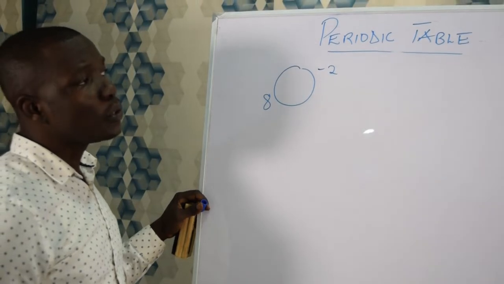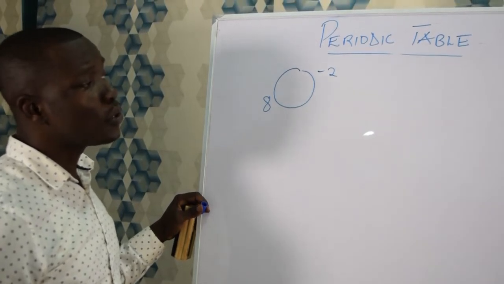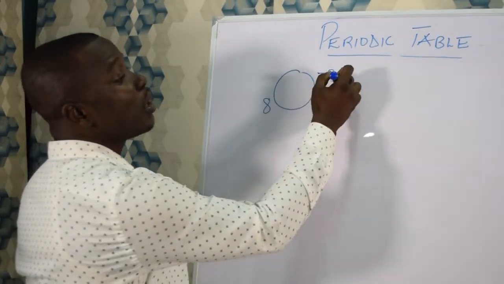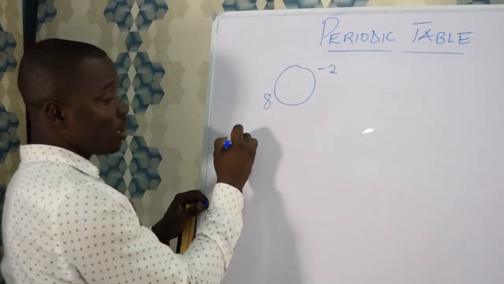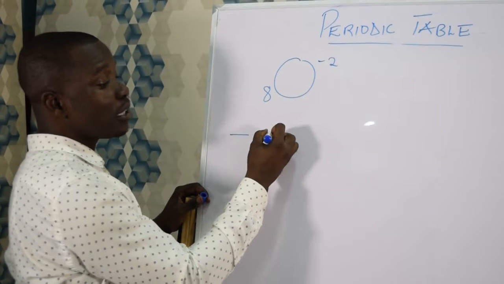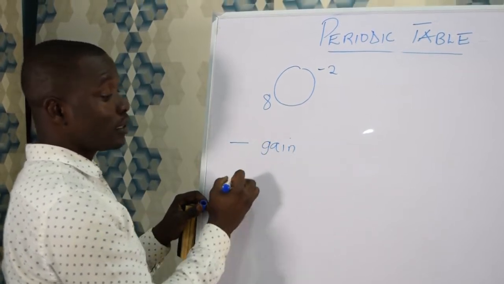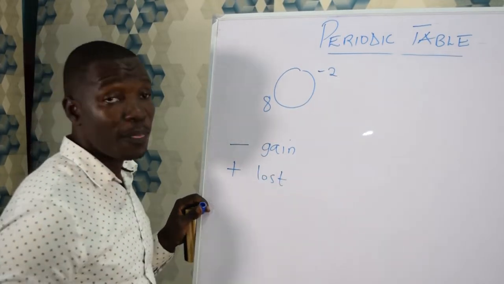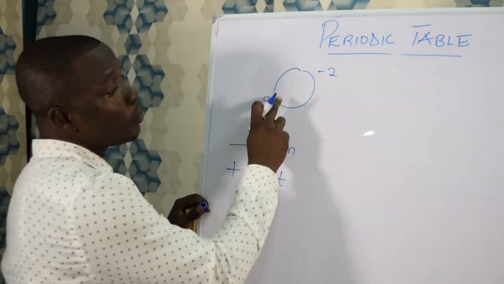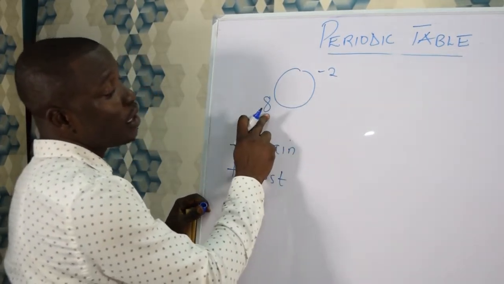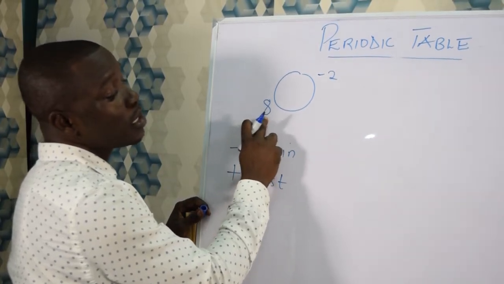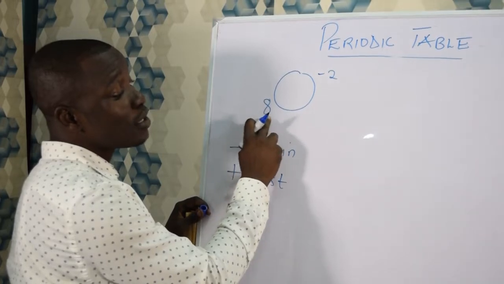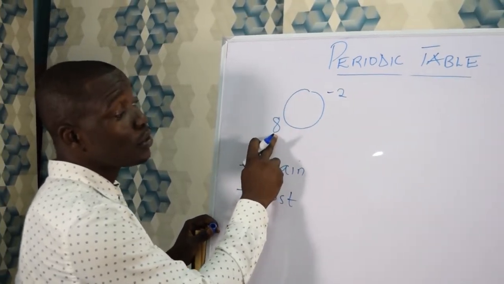I remember telling you in the previous video that anytime we write an element and we bring a charge, negative means it has gained, positive means it has lost. Now, when we look at oxygen, its position in the periodic table is the 8th, which means oxygen has 8 electrons.